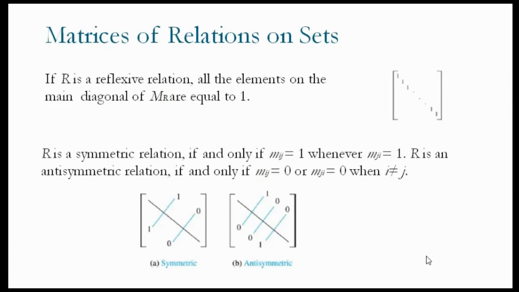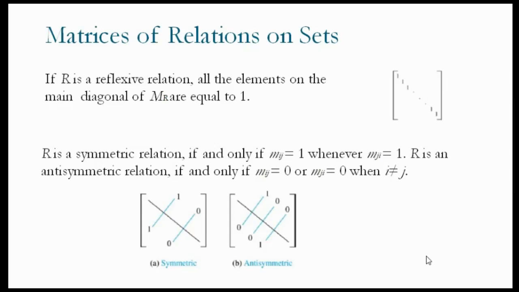So here i and j are the row and column values. If you form a matrix, i and j will become the row and column values. R is an antisymmetric relation if and only if Mij is equal to 0 or Mji is equal to 0, when i is not equal to j.